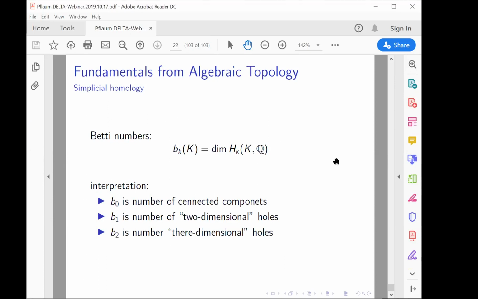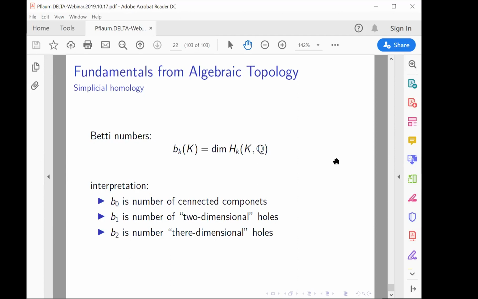Is there any way to go backwards? Let's say you have an algebraic topological sequence of Betti numbers. Is it possible to go backwards and reconstruct the three-dimensional geometry?